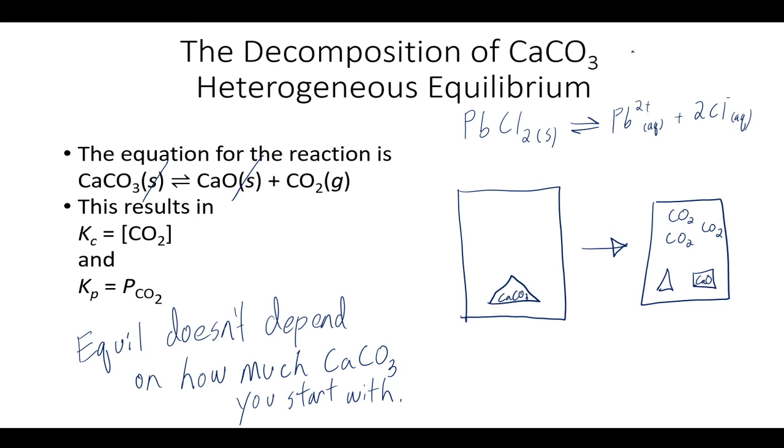And the equilibrium expression here would just be the concentration of Pb2+ times the concentration of Cl minus squared. There is no denominator. This is a solid. Don't include it. The equilibrium expression only depends here on the products, Pb2+ and Cl minus squared.